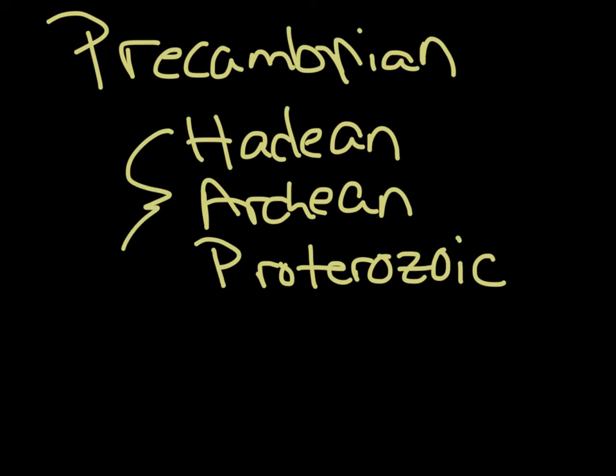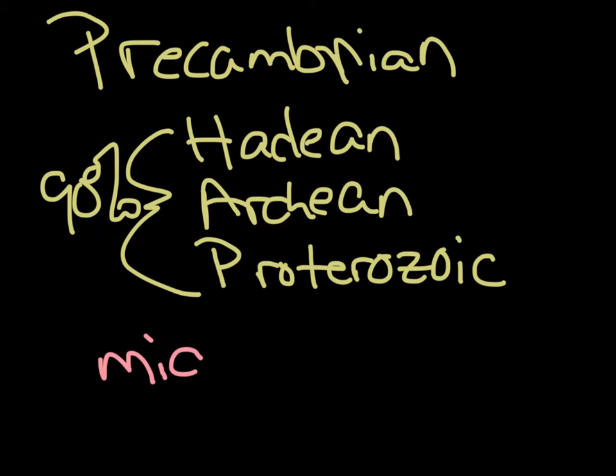Now, all of these together make up about 90% of Earth's history. Now, the fossil record during the Precambrian time is pretty small. You might even want to say it's microscopic because all of the organisms during that time could not be seen without a microscope.